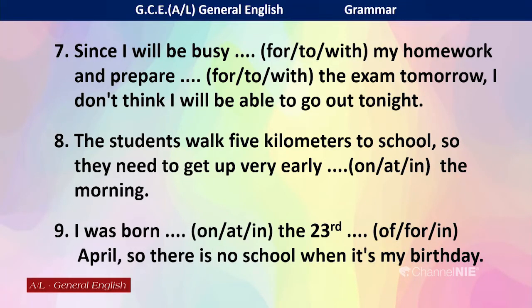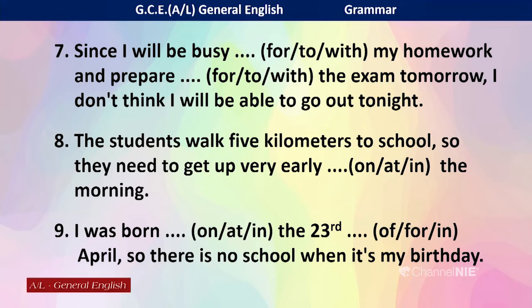8th sentence. The students walk 5 kilometers to school, so they need to get up very early blank within brackets you have on, at and in the morning. 9th sentence.